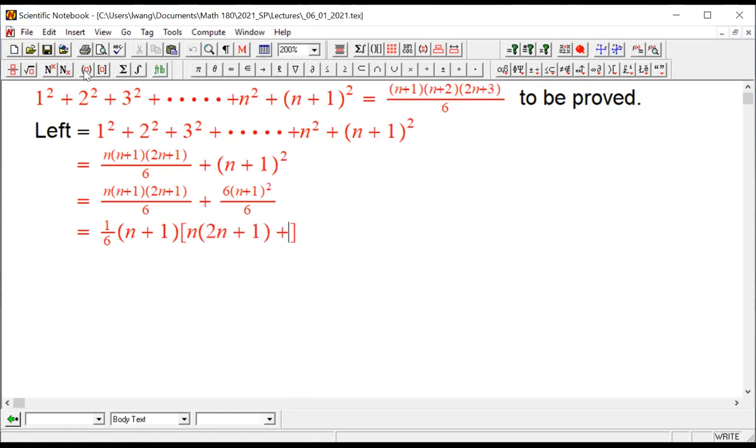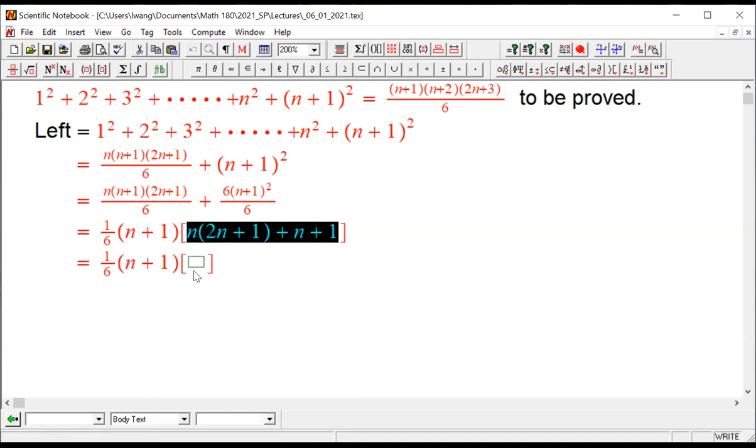And then you have another n plus 1, from this side, right? You don't want it to take forever. This is where the algebraic skills are needed.